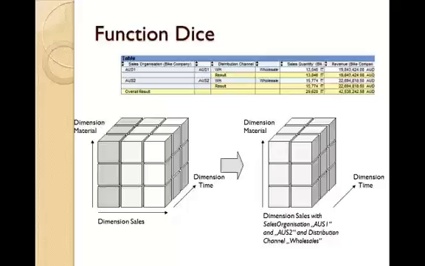Sales organization is AUS1 and AUS2, and for distribution channel we want wholesale. We don't want internet sales or retail. We only want wholesale data. So as you can see at the top of the screen, we have AUS1 and AUS2, and we also have wholesale data only for distribution channel. So that's dicing.